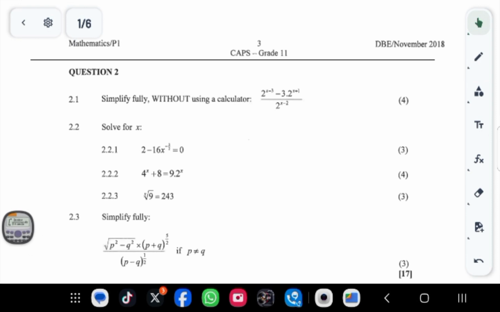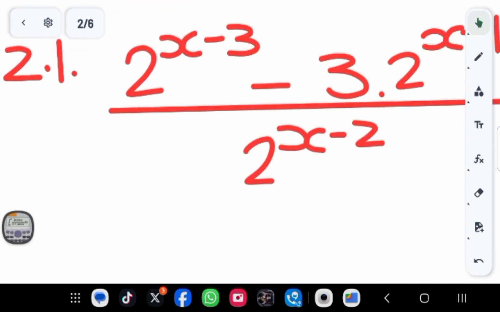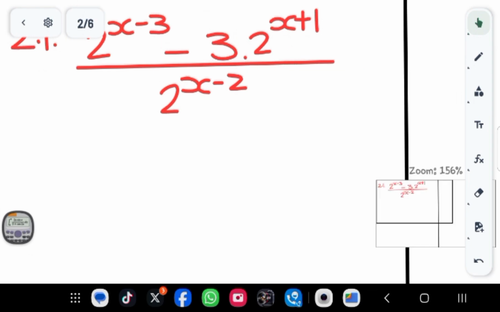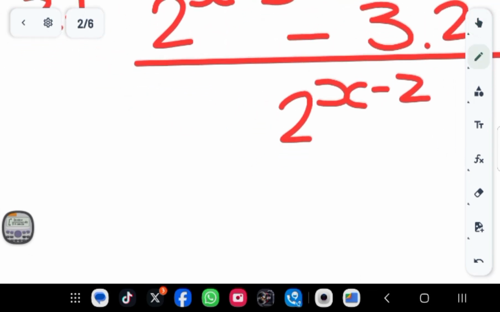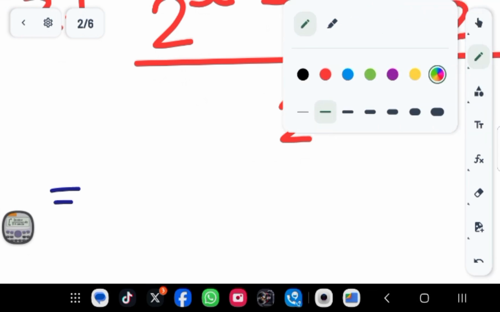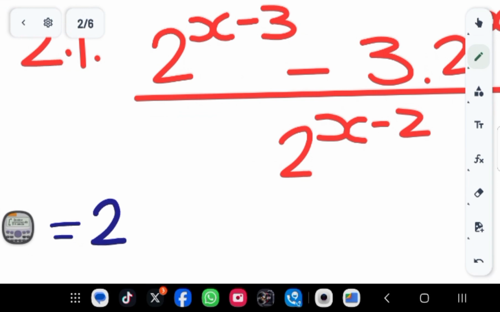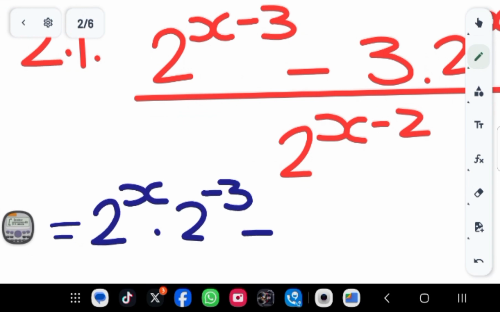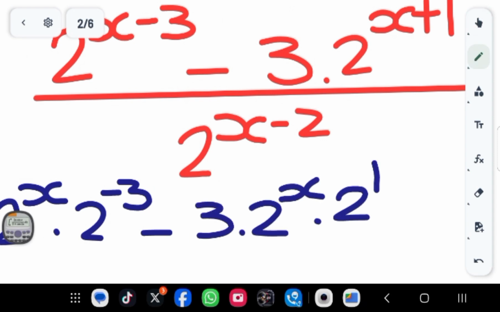All right, now when you have a question like this, step number one is you break up your exponents into factors with different powers. So that means we take 2 to the power of x, we break that up, that becomes 2 to the power of x times 2 to the power of negative 3, minus 3 times 2 to the power of x times 2 to the power of 1.